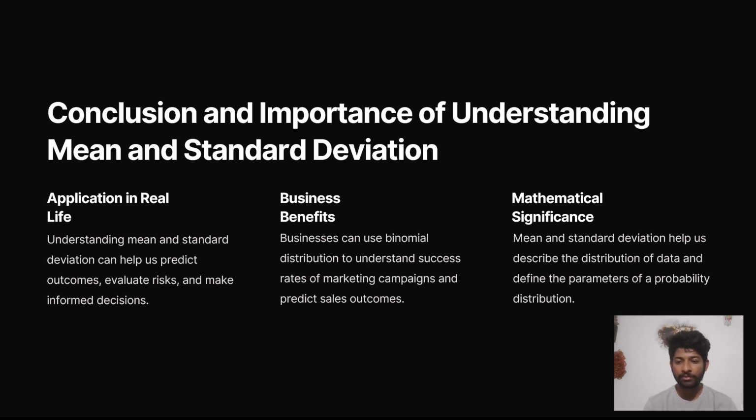The business benefits: businesses can use binomial distribution to understand success rates of marketing campaigns and predict sales outcomes. The mathematical significance: mean and standard deviation help us describe the distribution of data and define the parameters of a probability distribution.